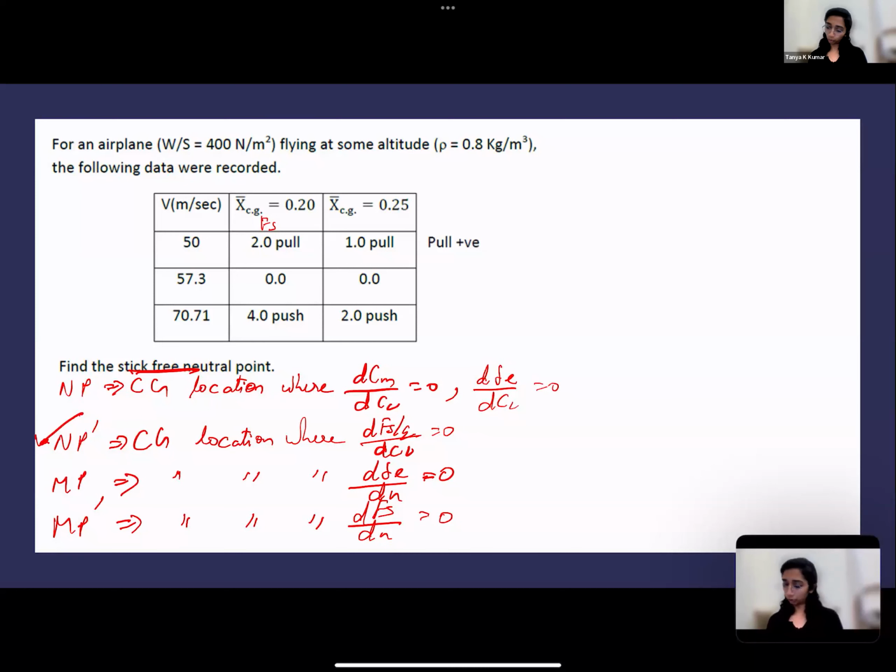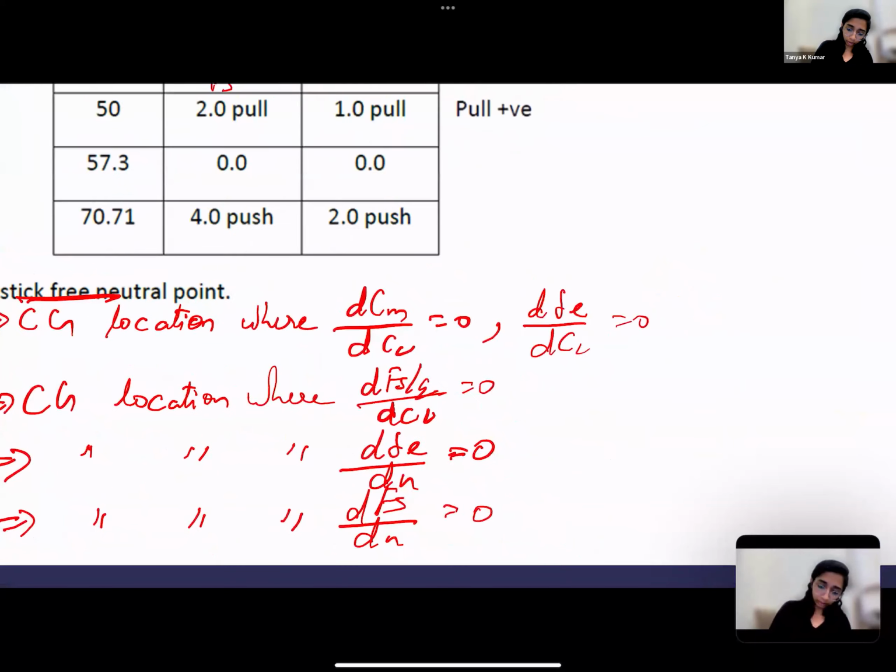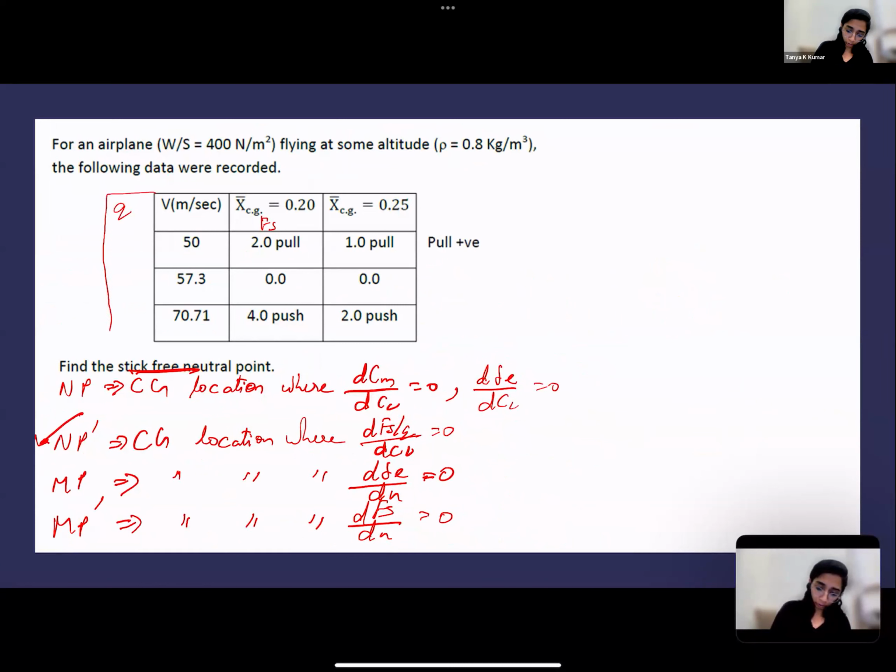First we find Q. Let me just make another column, Q. What is Q? Q is half rho V square. Tell me the first one: 1 by 2 into 0.8 into 50 into 50, that is 1000. Correct?